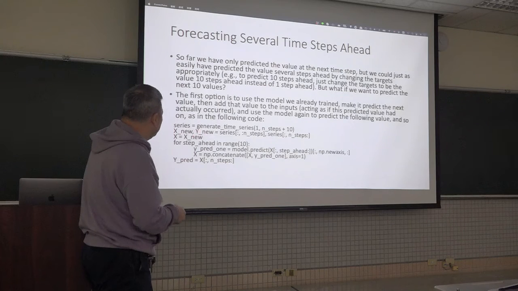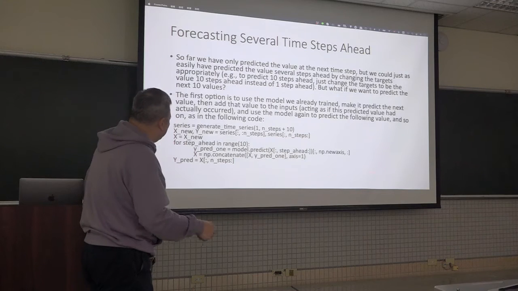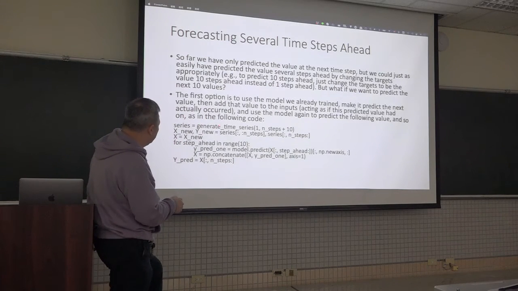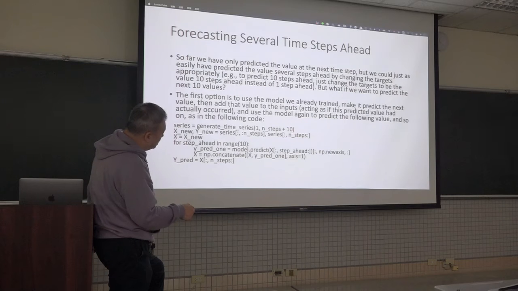The code here: series equals generate time series, n steps plus 10. Why do we need to do the plus 10? Because now the ground truth is not 1, we want the next 10 values. So here we do for step ahead in range 10, so we do this 10 times.